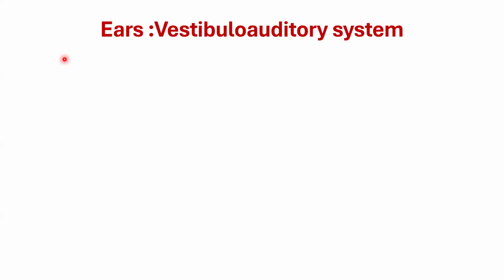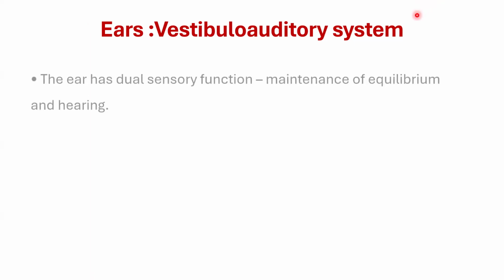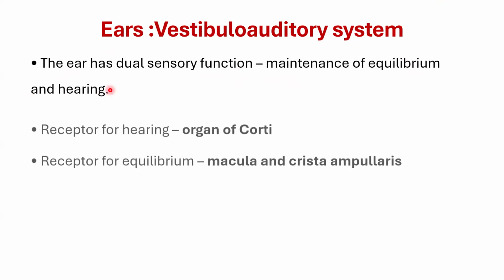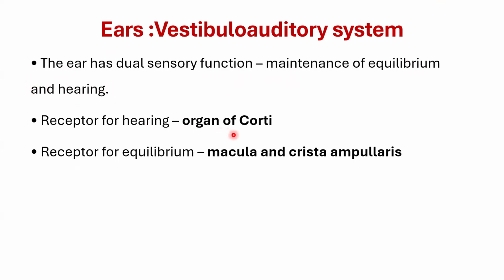We go now to the third special sensation, which is the ears, the vestibular auditory system. The ear has dual sensory function: maintenance of equilibrium and the perception of sound, that is hearing. The receptor for hearing is the organ of Corti.